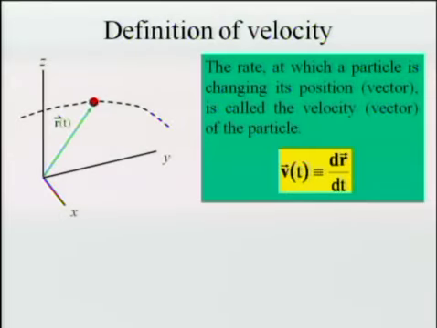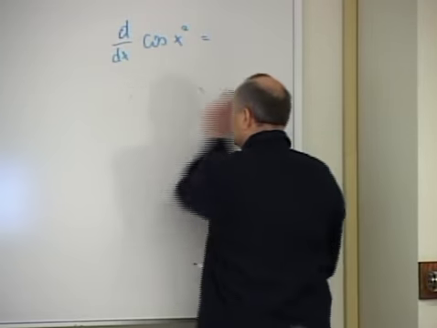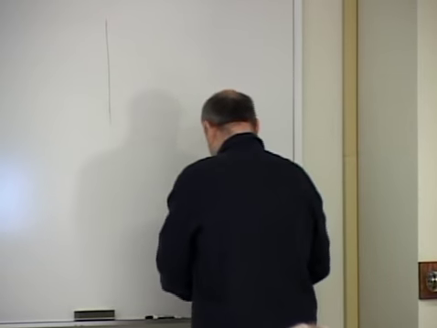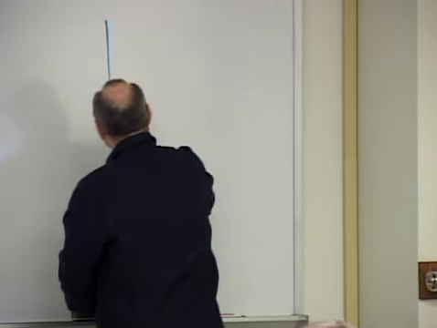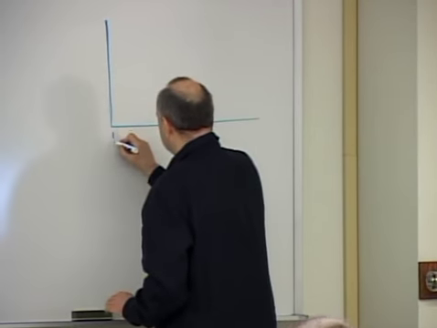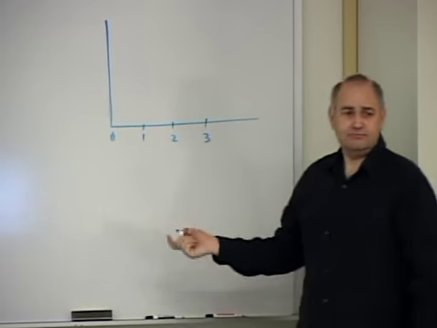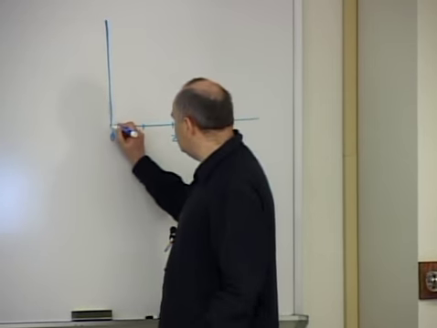Let's say that every day you deposit $5 to your checking account. So you will get a function, which I will draw, which represents the balance on your checking account versus time. At the very beginning, you will have 0.